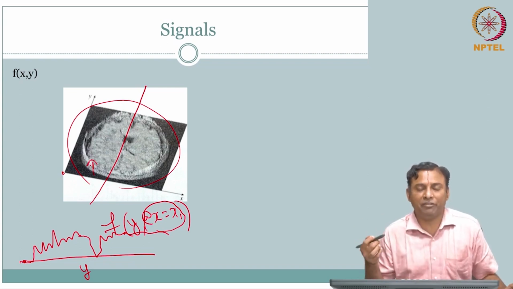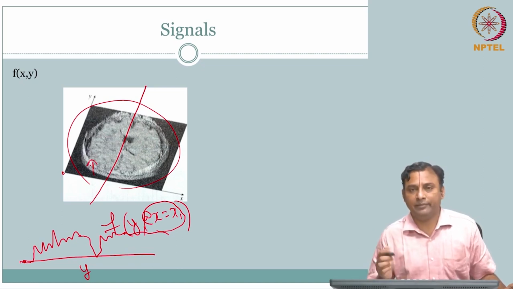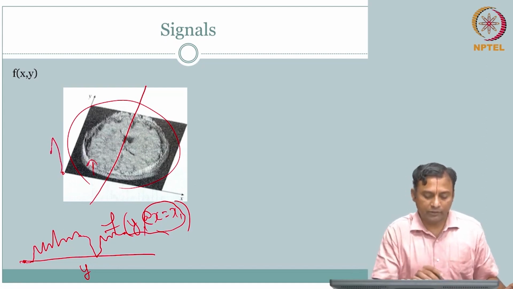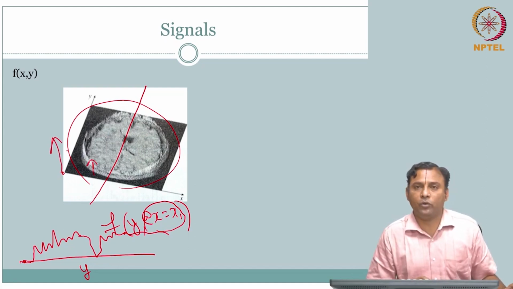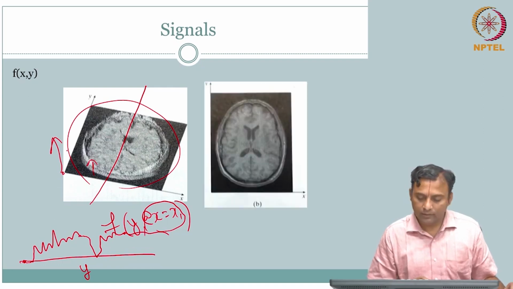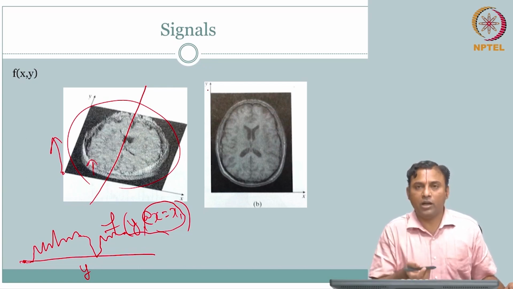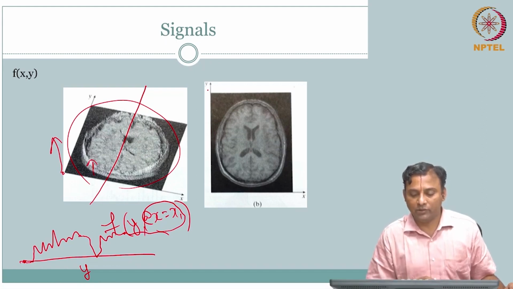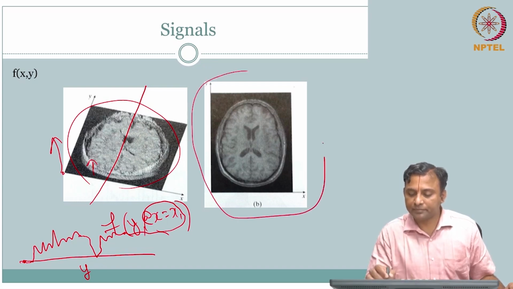You can have different schemes of mapping this, but essentially you encode the third dimension, encode as in color code. If you do that, you still use x and y. The third dimension that was coming out when you plotted, instead of that, we converted that to a color representation. So if you do that, this is what you see.